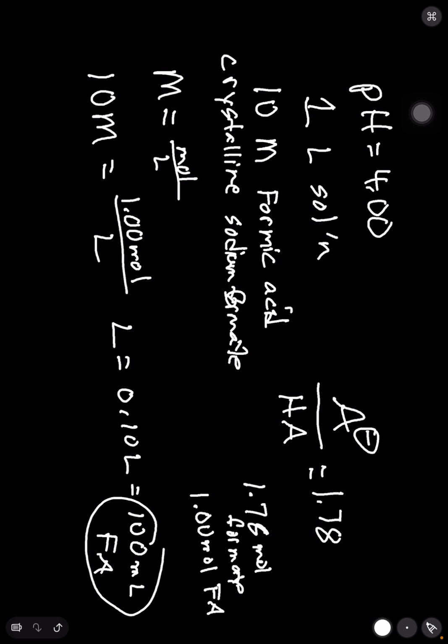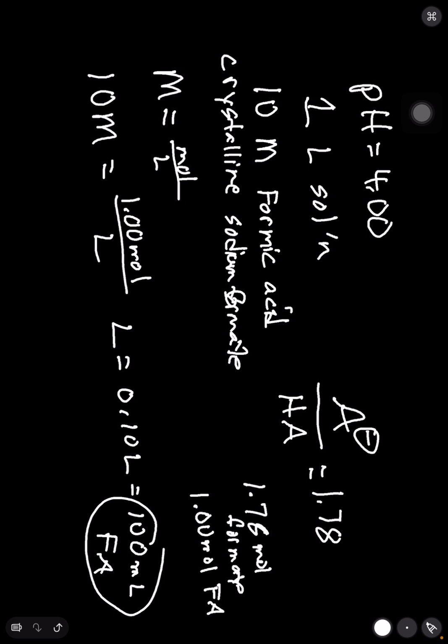And that would give you the 1 mole of formic acid that you need. All right, so then you would need to figure out how much sodium formate you need. Sodium formate, when it dissociates, gives off sodium and the formate ion in a 1-to-1 ratio. So for every sodium formate that dissociates, you're going to form 1 mole of formate.